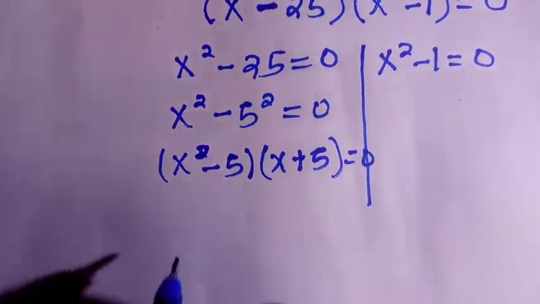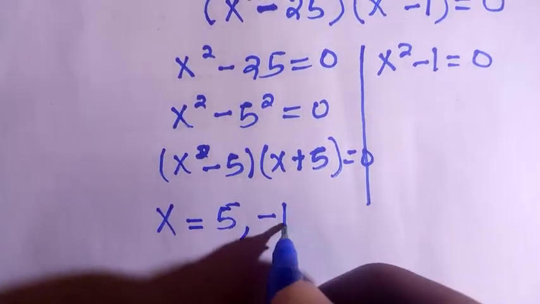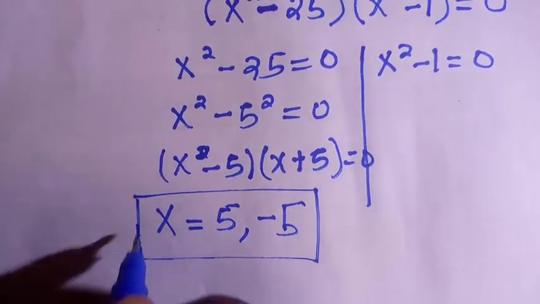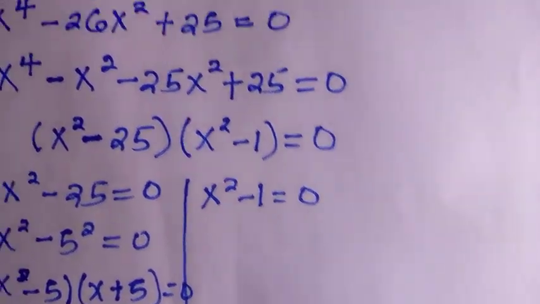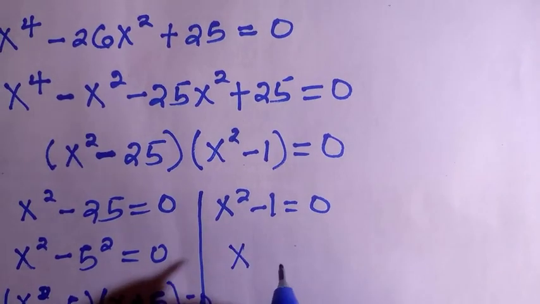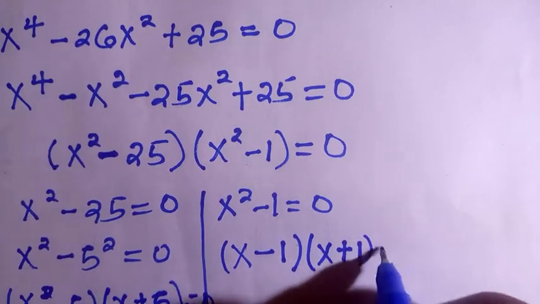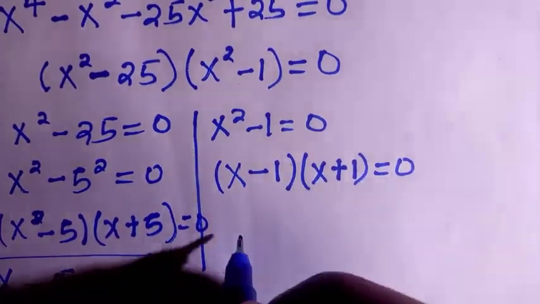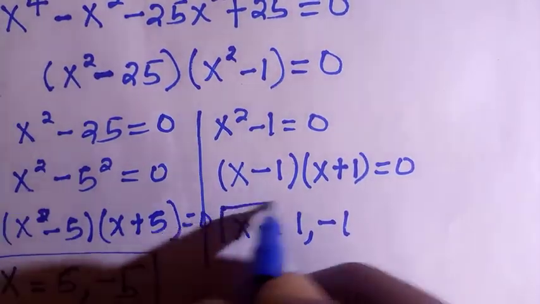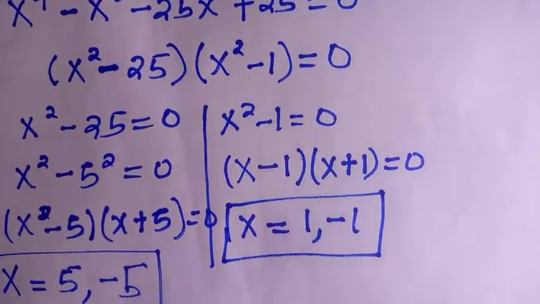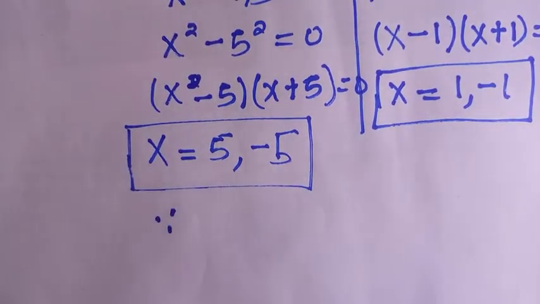Therefore, the result of this is x equals plus 5 and negative 5, and we consider this as the two roots for the equation. While x^2 minus 1 can also be written as (x - 1)(x + 1), all this equal to 0. So we come to the conclusion that x equals 1 or negative 1, which is another two roots for the given equation above. And this makes 4 roots for the equation above.